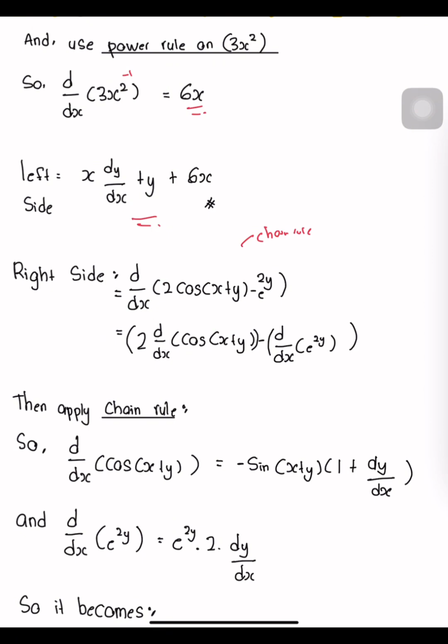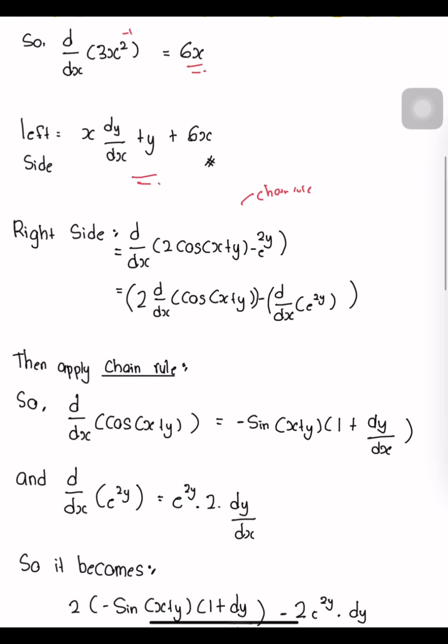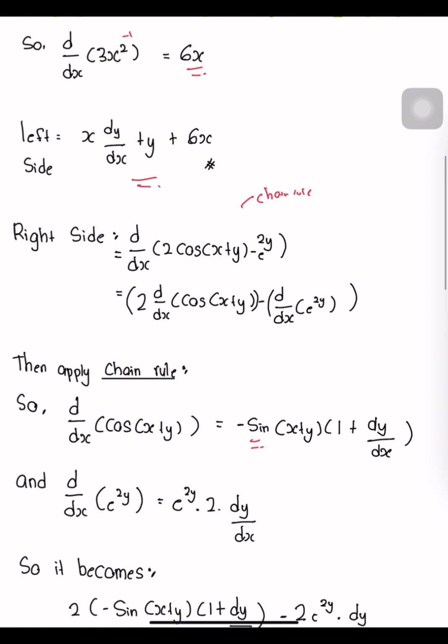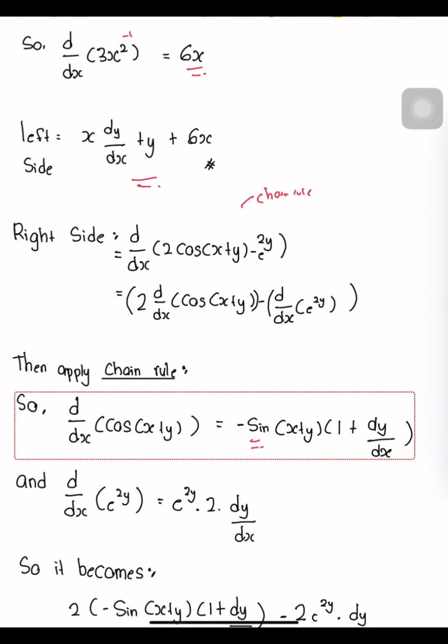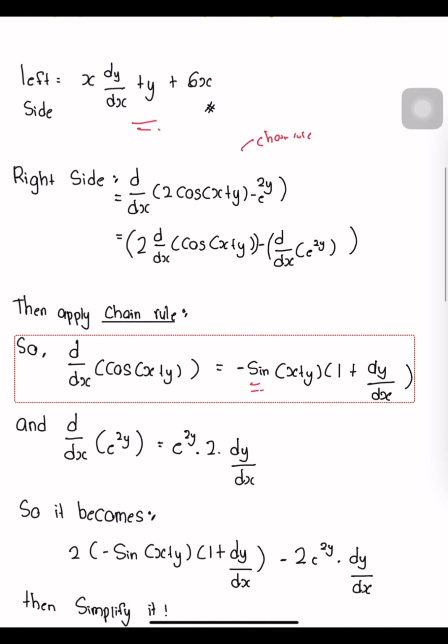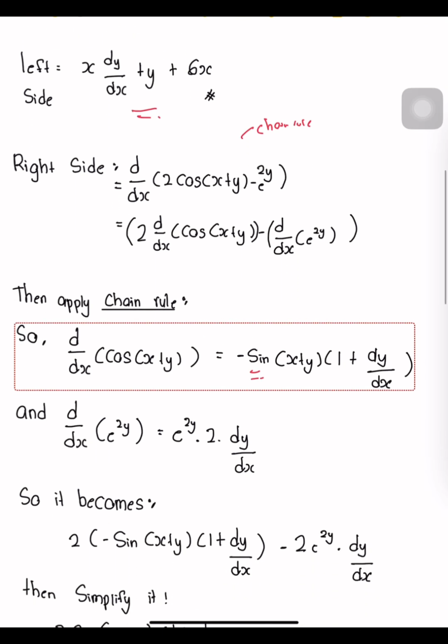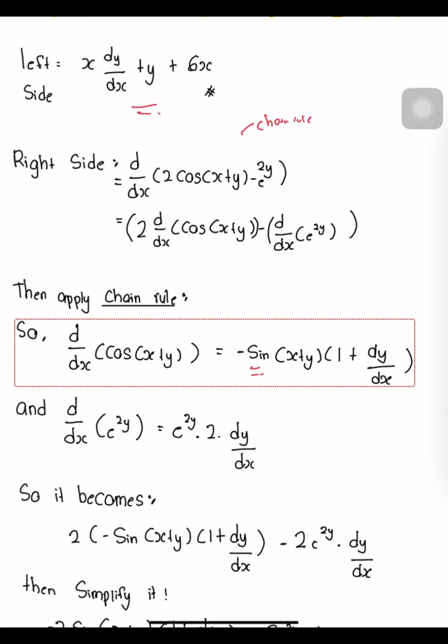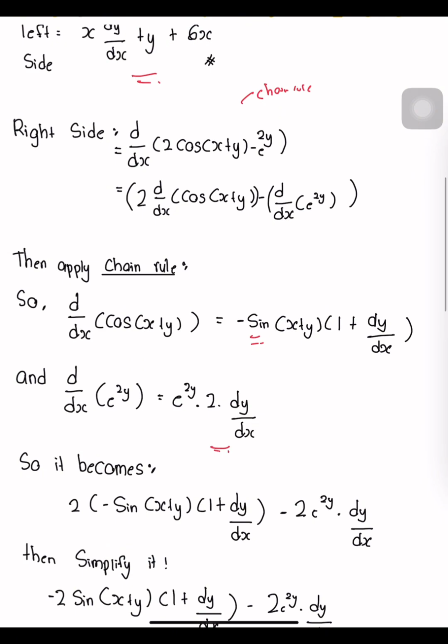Then we apply the chain rule. For information, when we differentiate cos, we get a negative sign. So differentiating cos(x plus y), we get negative sin(x plus y) times (1 plus dy over dx), and d over dx of e to the power of 2y gives e to the power of 2y times 2 times dy over dx.